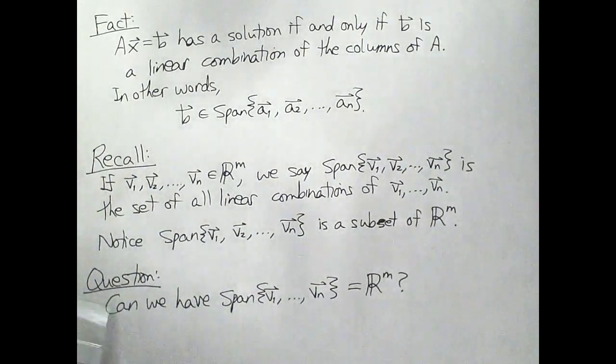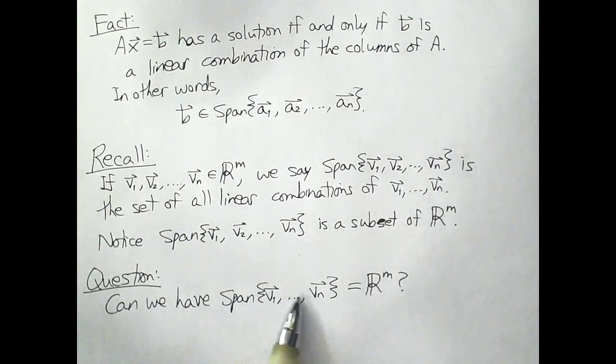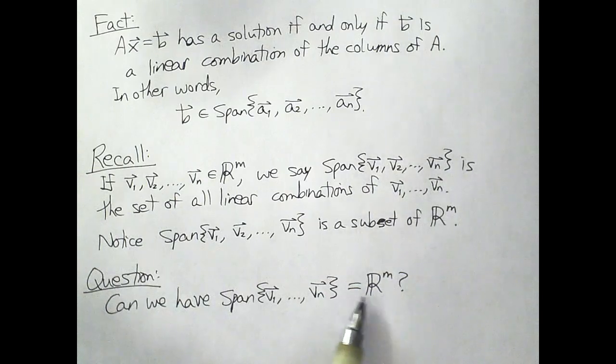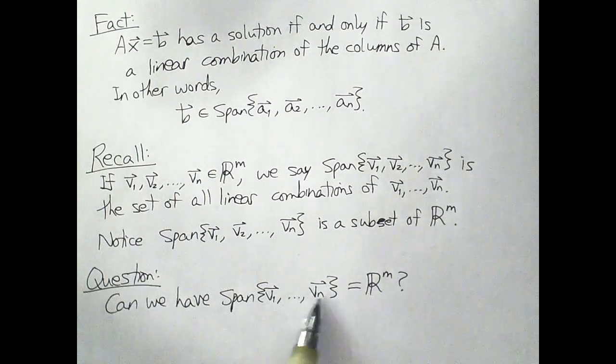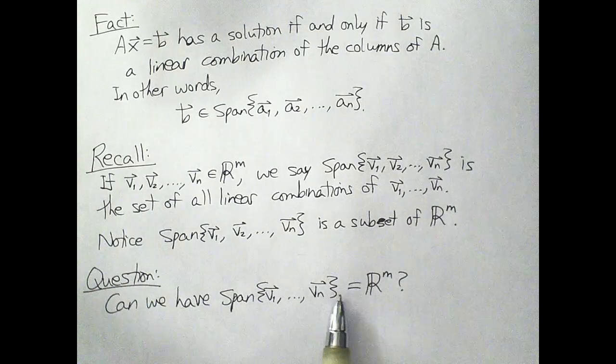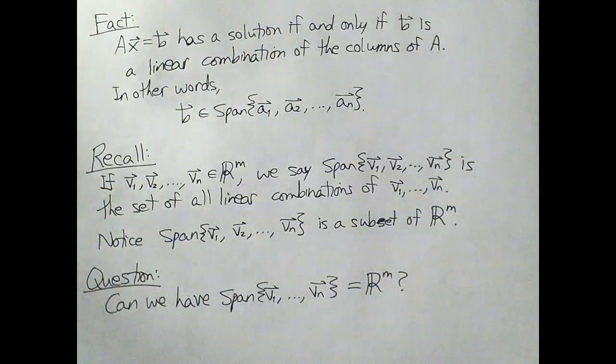Well, I guess this would mean that every vector in Rm, every vector you could think of, can be written as a linear combination of the v's. So you pick any vector you want with m entries, guaranteed that it can be written as a linear combination of these v's. Would the v's have to be kind of special to make that happen? Would there have to be a lot of them?